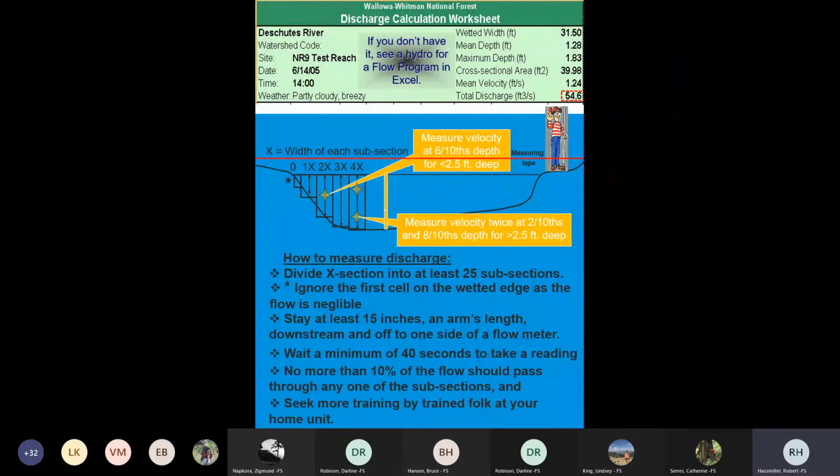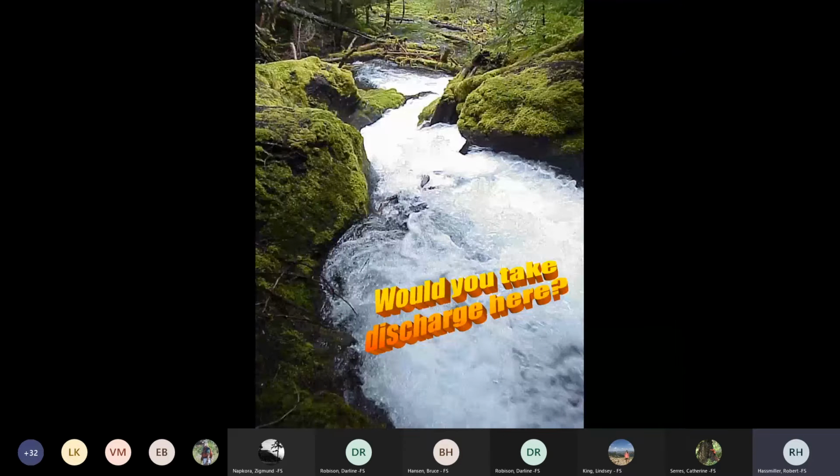All right. The Forest Service is a safety-oriented culture. It's the workplace that you are now a part of. So, would you take a discharge measurement in this kind of scenario? Looking at this, we see turbulent water, really not smooth flow lines.